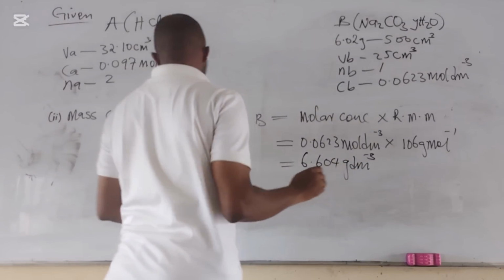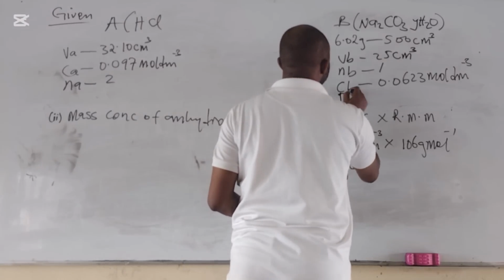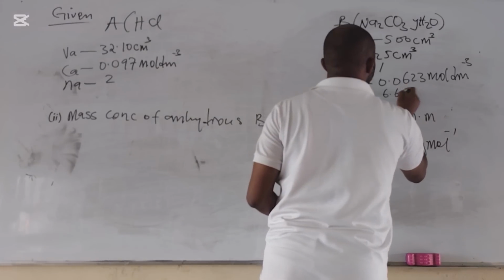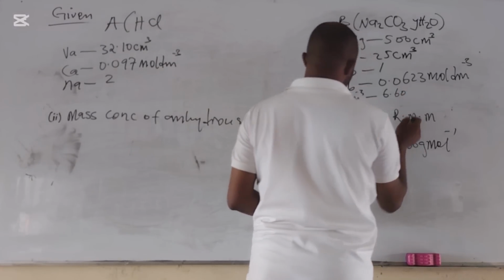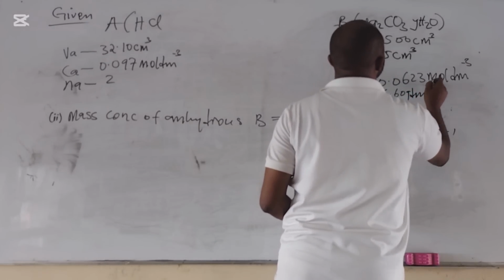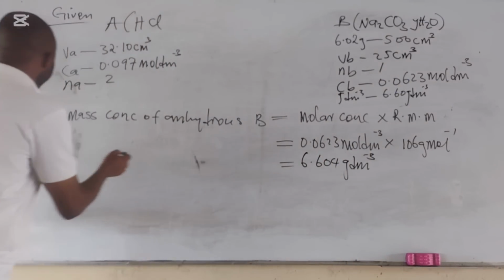This is anhydrous. So the first one here, 6.60, or let's just call it 6.60 g/dm³ to 3 significant figures. Now that of hydrated.